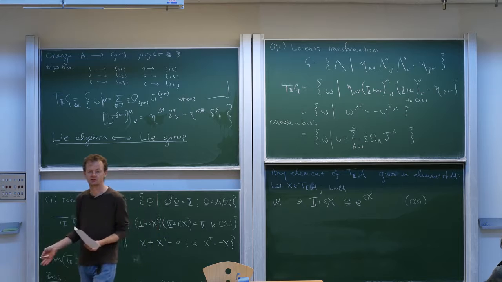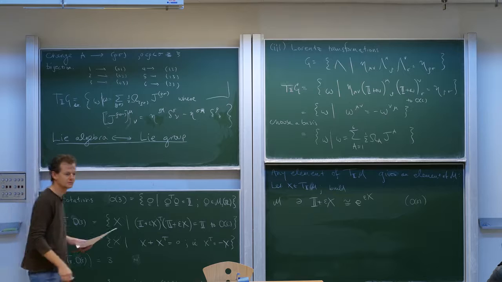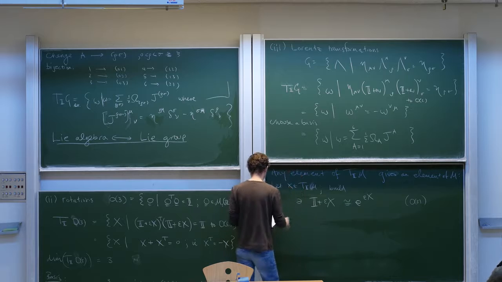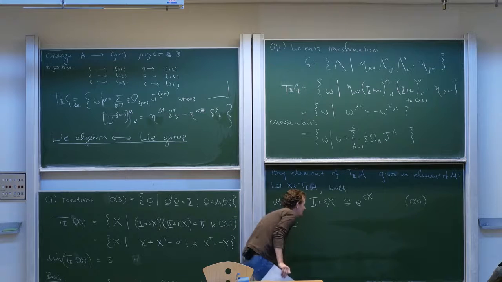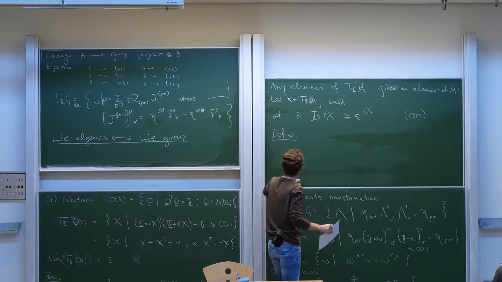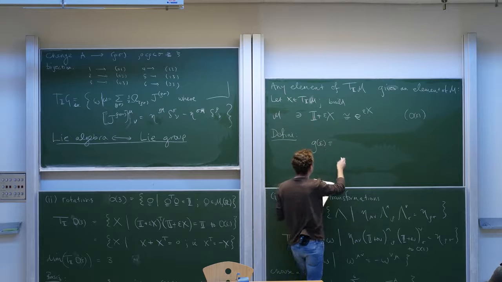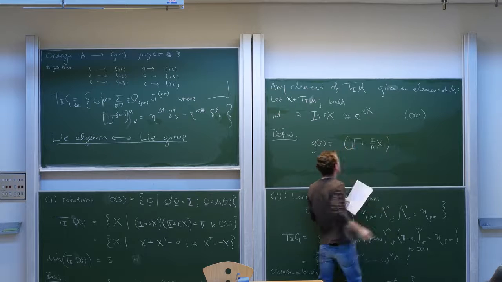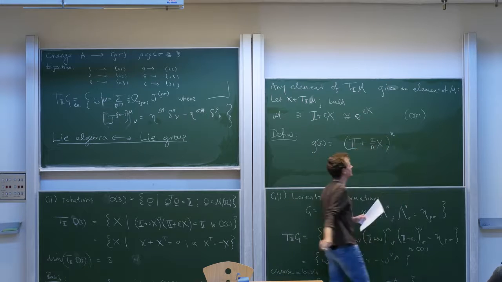Now, because multiplication is continuous, we can multiply these guys together. So we're going to define g of s to be that thing where we've multiplied elements of the tangent space like that together n times.